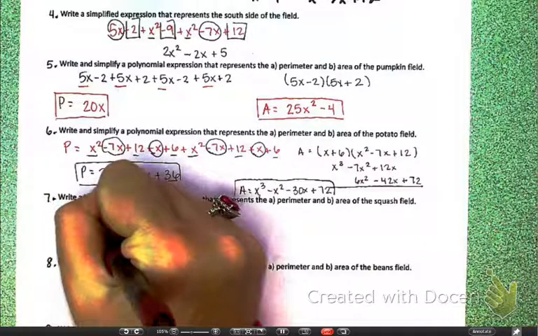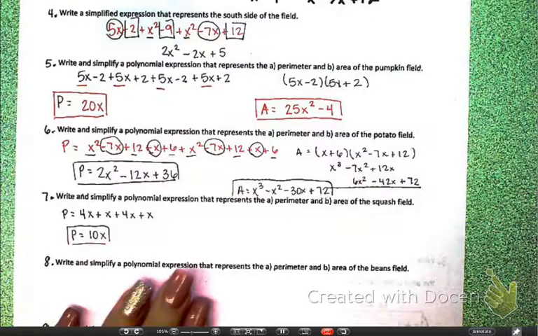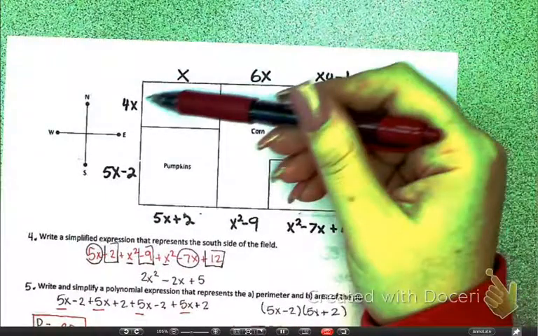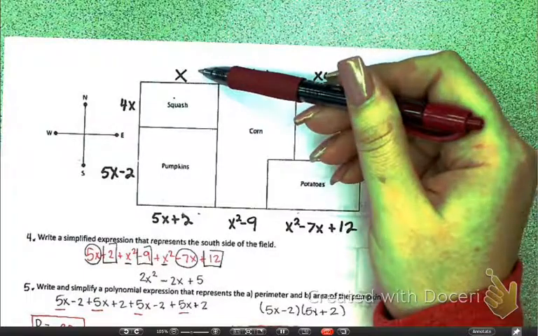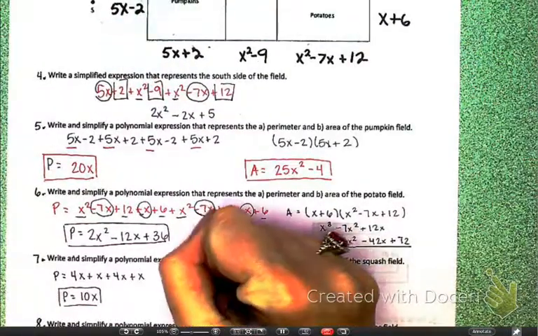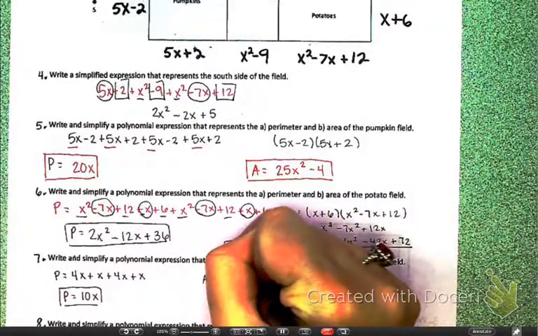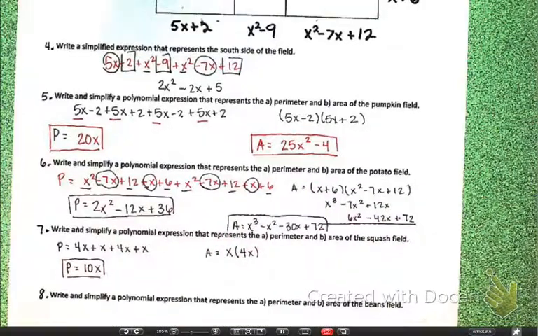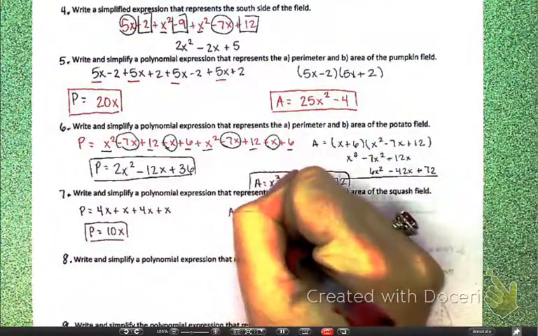So my perimeter should be 10x for the squash. And then area for that one's nice and easy, right? It's length times width, so x times 4x. And what's x times 4x? 4x squared.